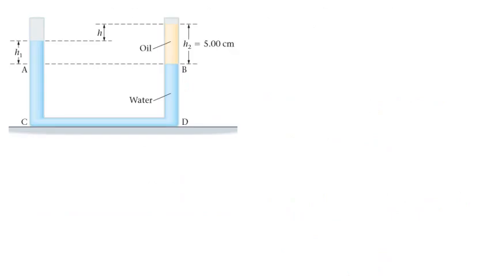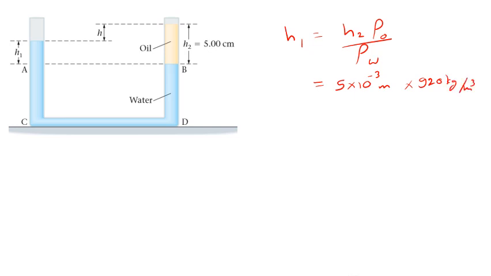If I rewrite the equation again, H1 equals H2 times rho oil divided by rho water, the density of water. You can substitute the numbers. H2 is 5 centimeters, so you have to convert that into meters, multiplied by rho oil, that is 920 kilograms per cubic meter, divided by the density of water, 1000 kilograms per cubic meter.